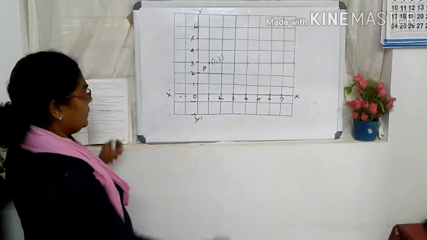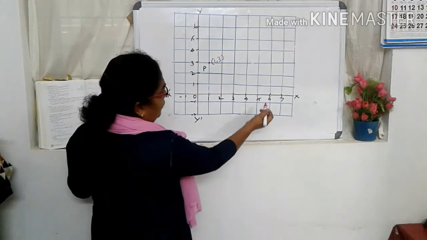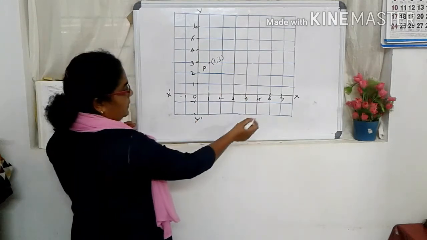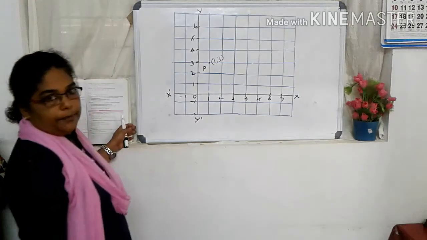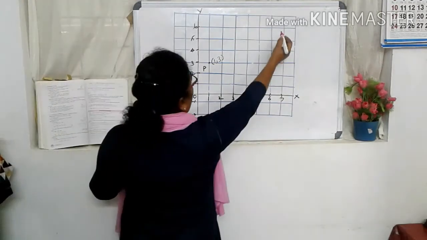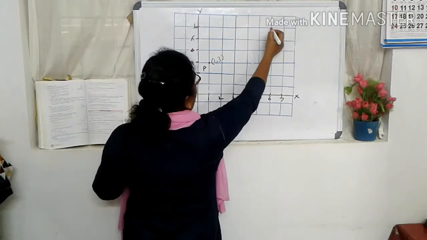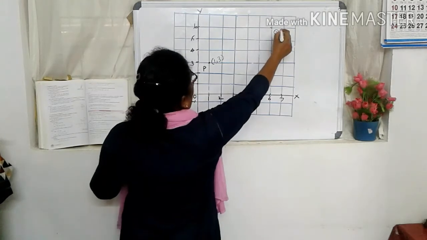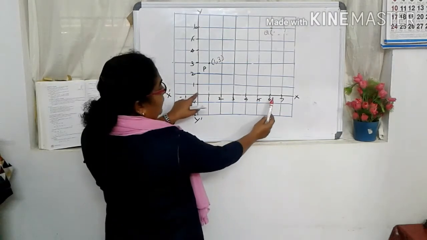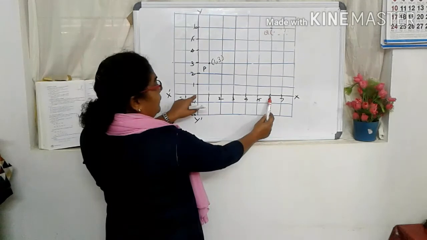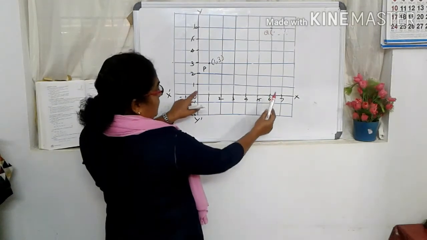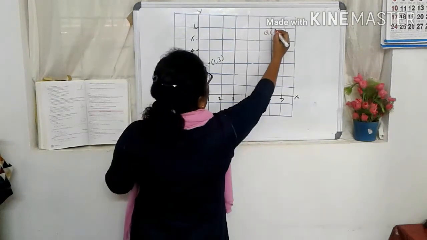Now we are representing one more point on this graph paper. One point we marked here, named Q. How far is the point Q from the origin? Yes, the x coordinate value is 6.